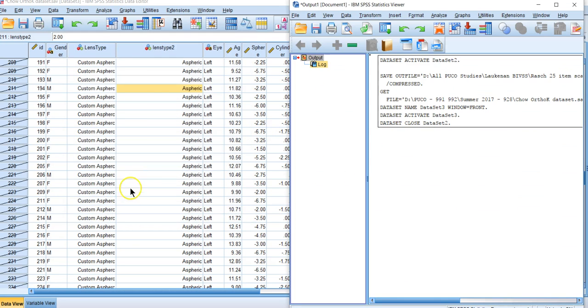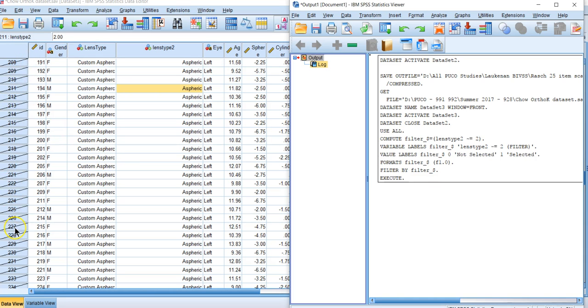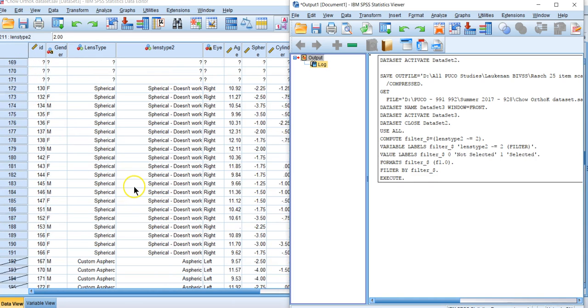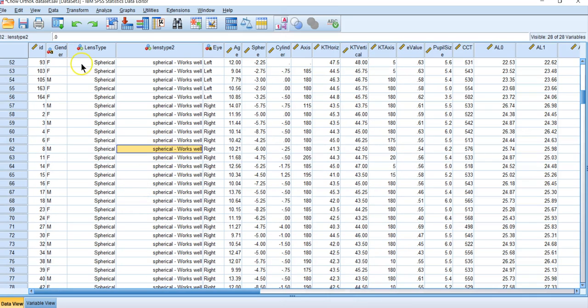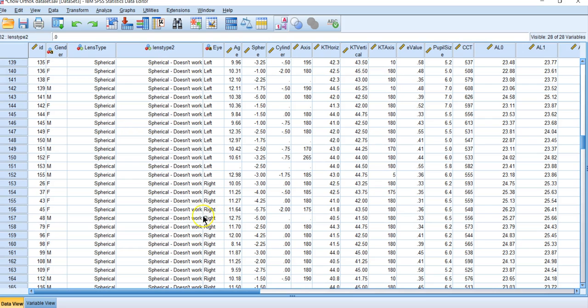Okay, now you can see there's dashes through all the aspheric, but not through the others. Now works well is 0, doesn't work well is 1.